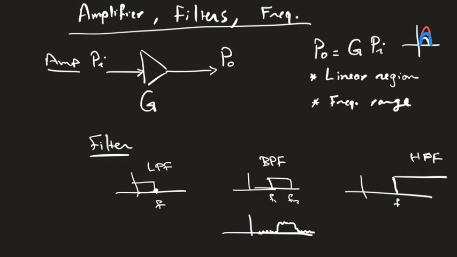And what happens when a signal goes through a filter? When I'm dealing with the signal and looking at the effect of the filter, I have to look at the signal from the frequency domain because that's much easier, right? It's very difficult to look at the signal in the time domain and figure out what will happen to it when it passes through a filter. So you also need these things.